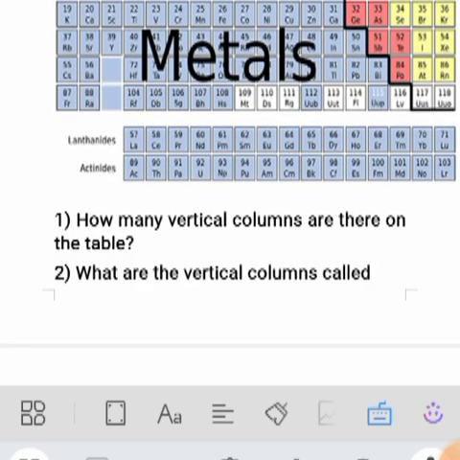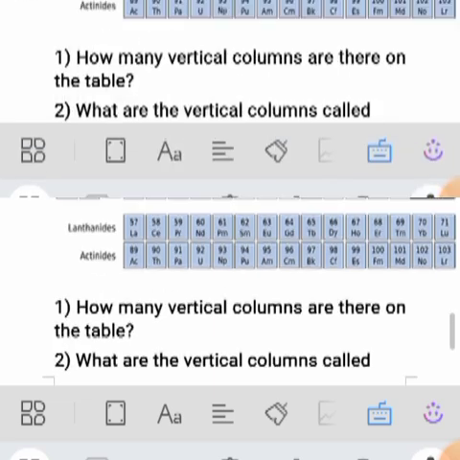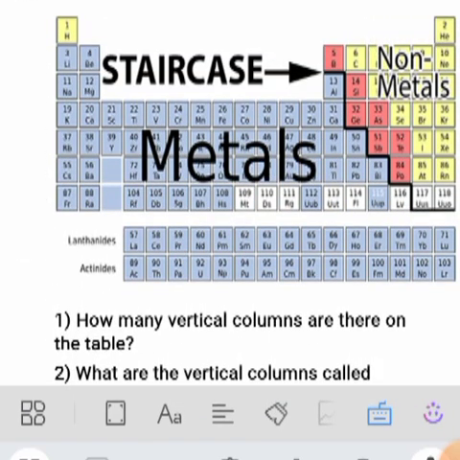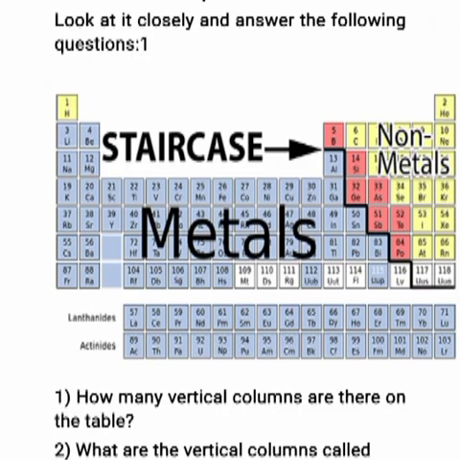How many vertical columns are there on the table? We can count up to 18, but there are 8 main columns. There are 8 main columns: 2 on the left side of the transition metals, where we have the word staircase written on top, 2 groups on the left-hand side, and 6 on the right.